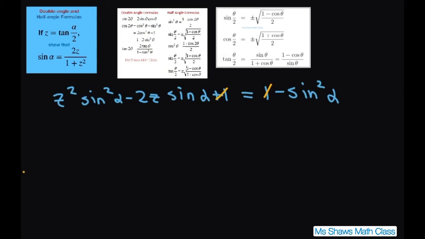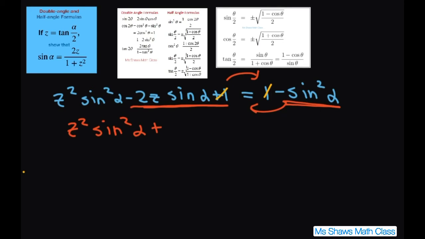What I want to do is put the sine squared term on one side and the other terms on the other side, grouping my like terms together. I have z squared sine squared alpha, and I'm going to add sine squared alpha to both sides, and then I'm going to add this part to both sides.